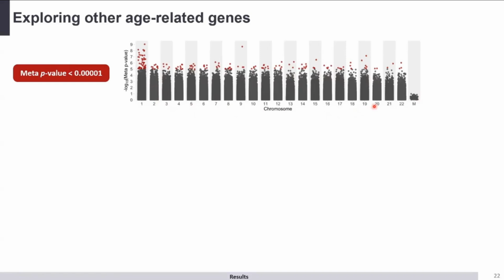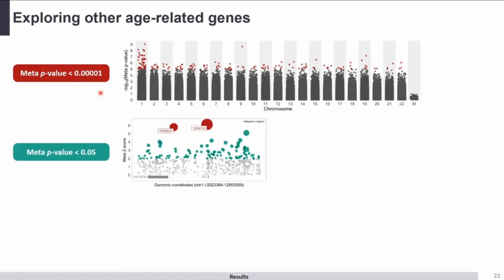This plot shows the genome-wide distribution of p-values on a log scale for all CpG sites identified in the data, plotted across the chromosomes. CpG sites in red show a relatively high significant correlation with age using this cutoff. Among the top sites showing the most significant association with age, two highlighted in red here are located in intergenic regions near a CpG site and a long non-coding RNA.